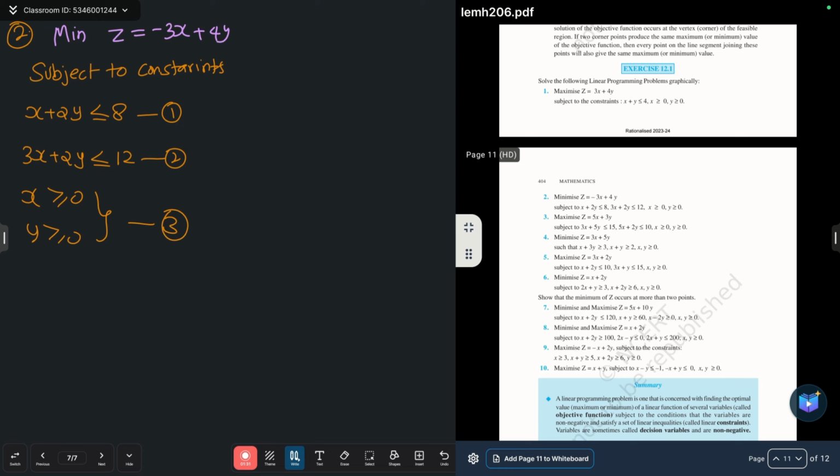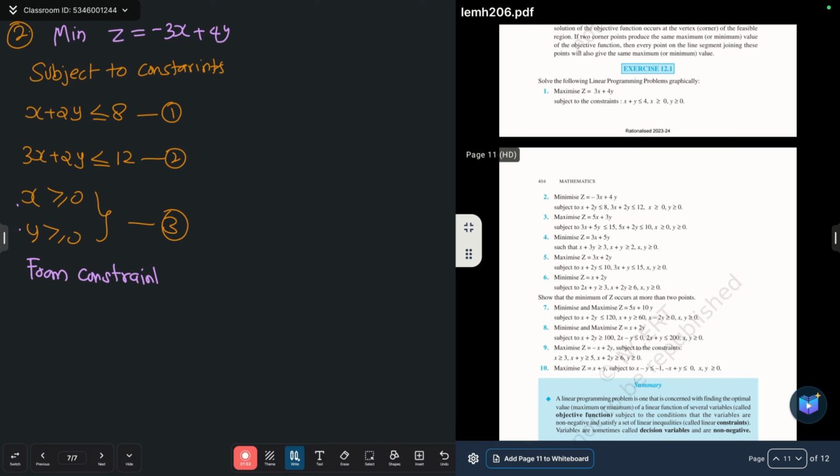It means equation number 3 implies that your feasible region is in the first quadrant. Because x and y are non-negative, it is only possible in the first quadrant.